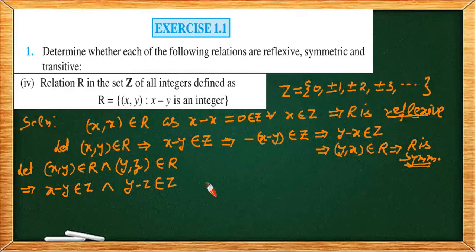Now, the difference of two integers is also an integer, and the sum of two integers is also an integer.